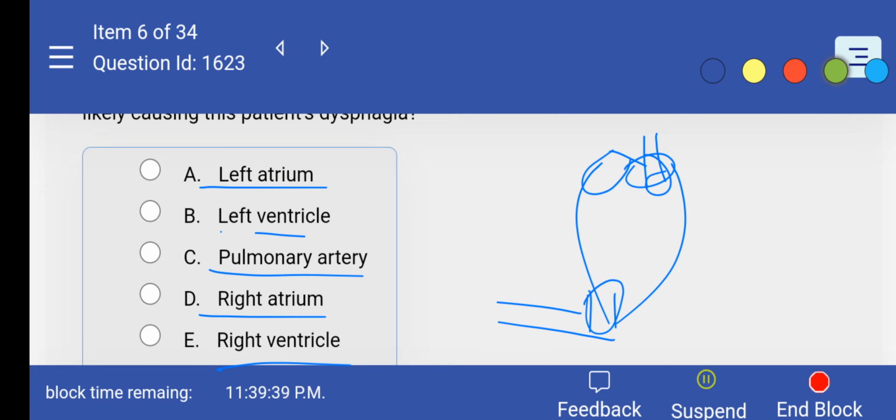Let me repeat this: in the fifth intercostal space, at the midclavicular line, that would most commonly affect the left ventricle.